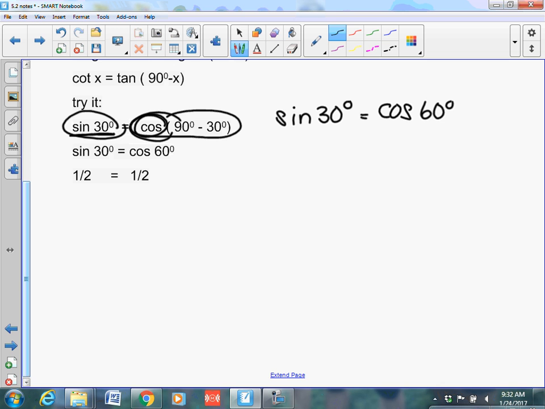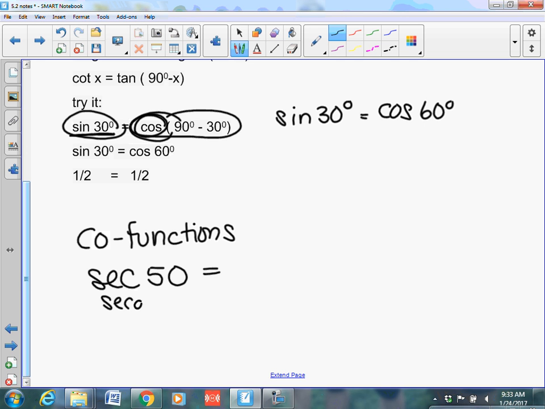So, if they're talking about cofunctions, it means a totally different thing. If they ask you to find the secant of 50, how do you write this out? Isn't this how you write out secant? Right? What's the cofunction of secant? Cosecant, right?